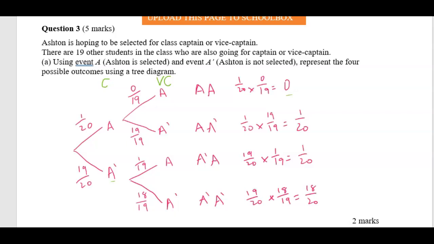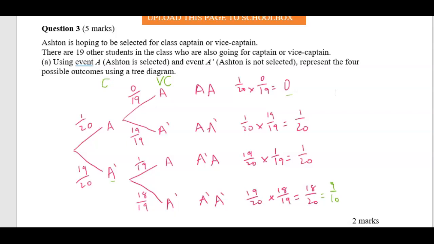The second possibility, Ashton is captain but not vice captain, is 1 over 20. Ashton is not captain but vice captain is also 1 over 20. And Ashton is neither is 18 over 20 or 9 over 10. I didn't simplify that before.